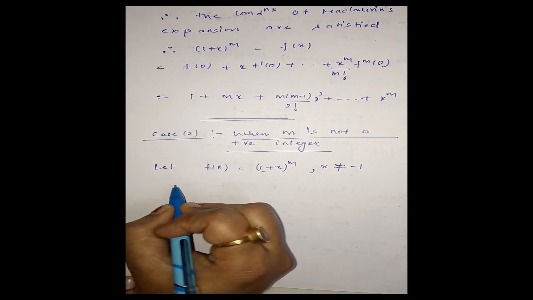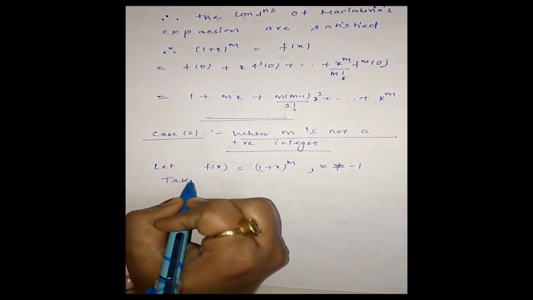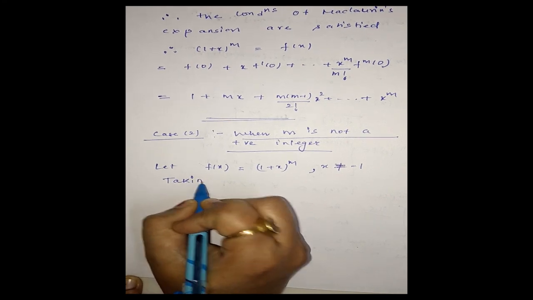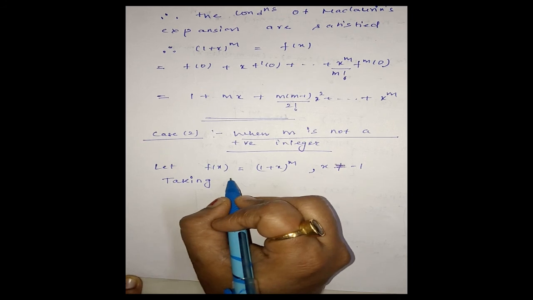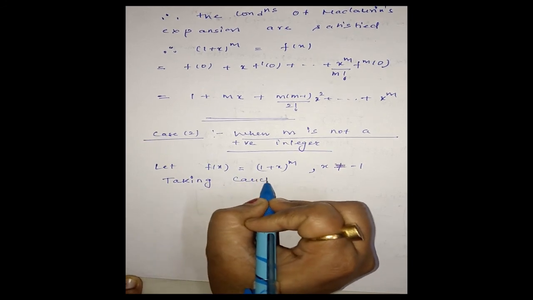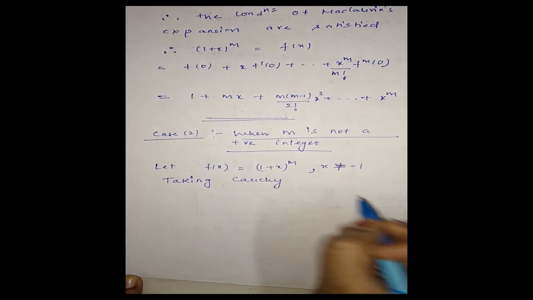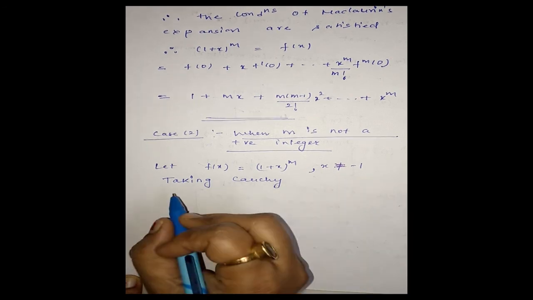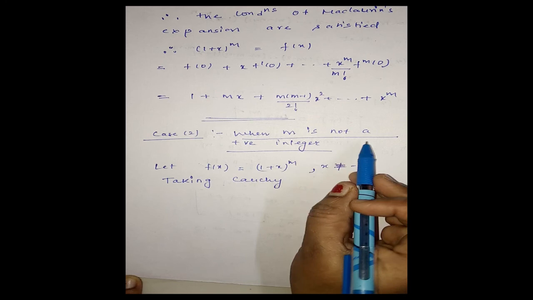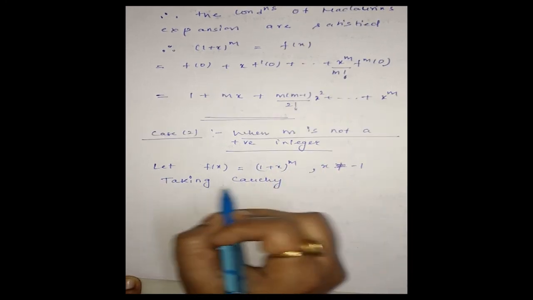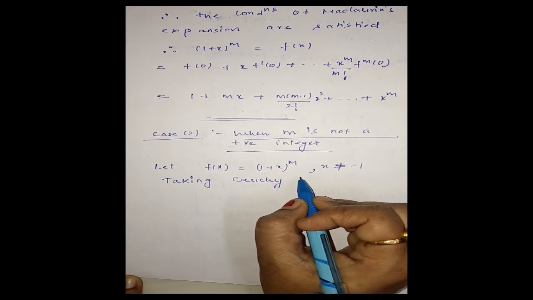Now we will consider Cauchy's form of remainder, not Lagrange's form of remainder, since it is not possible to show R_n tends to 0 as n tends to infinity if we consider Lagrange's form. For this particular case, when m is not a positive integer, we have to consider Cauchy's form of remainder.